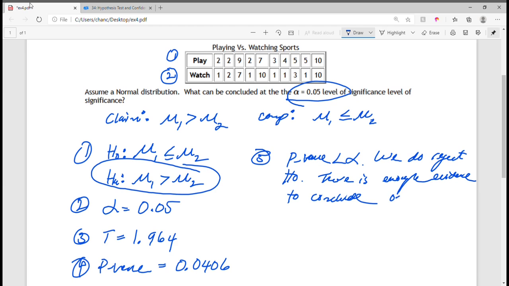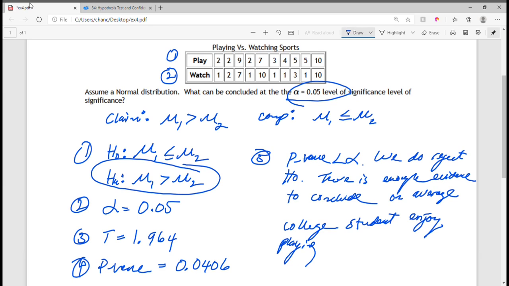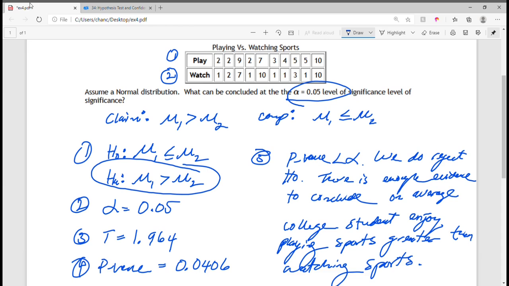To conclude, on average, college students enjoy playing sports greater than watching sports. Since the p-value is less than alpha, we do reject the null hypothesis. There is enough evidence to conclude, on average, college students enjoy playing sports greater than watching sports.